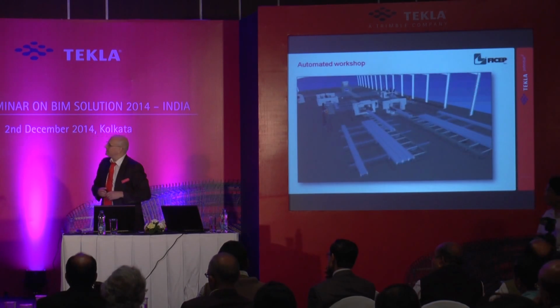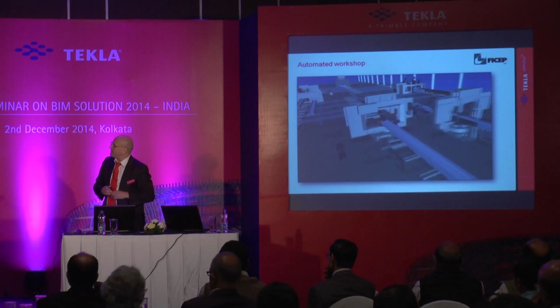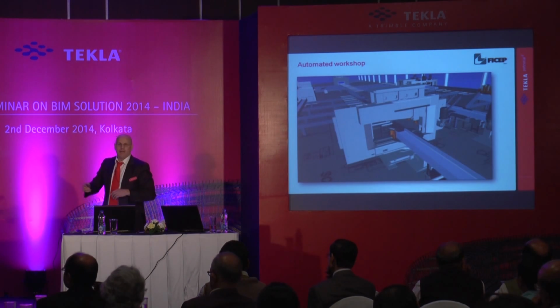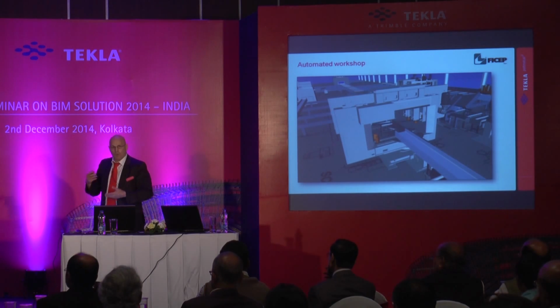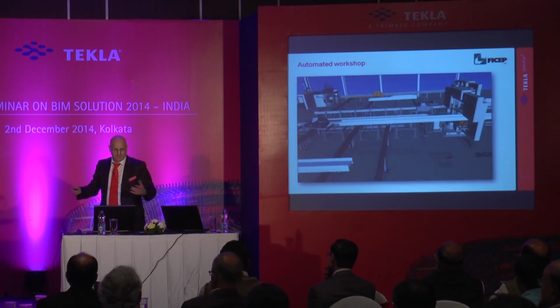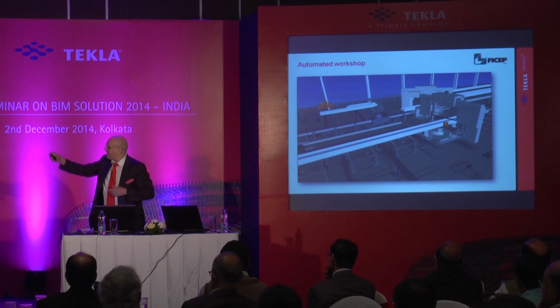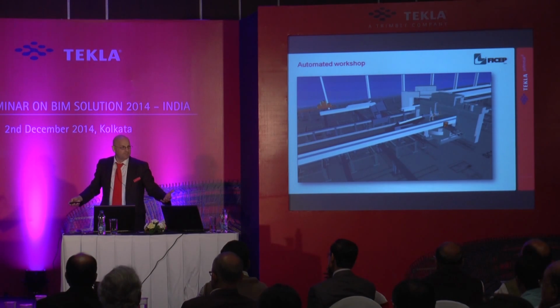Okay, and then eventually it's working out how to feed those pieces through your factory. Now, not everyone has an automated factory, I'm aware of that. But it doesn't matter if you've got 1 machine or 20 machines. These software packages then tell the factory how to work. But all the information ultimately comes down from the Tekla model.